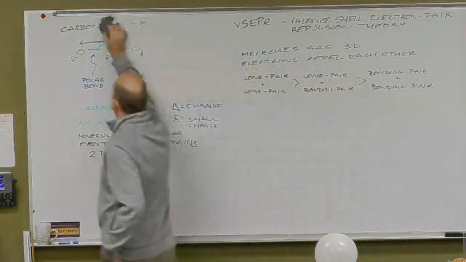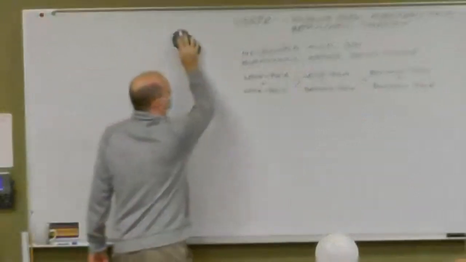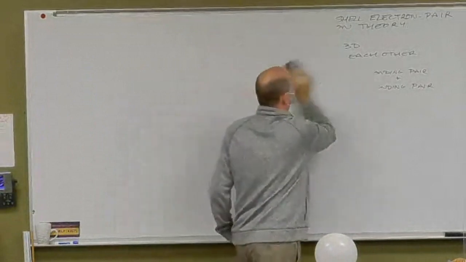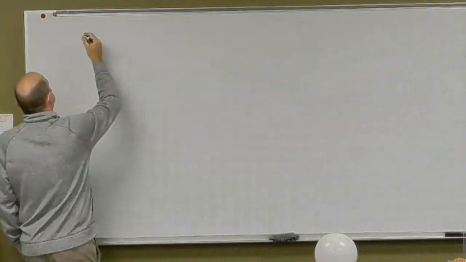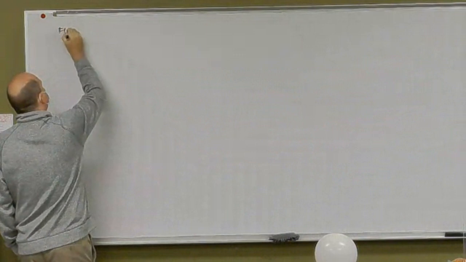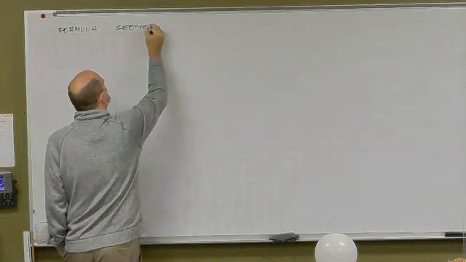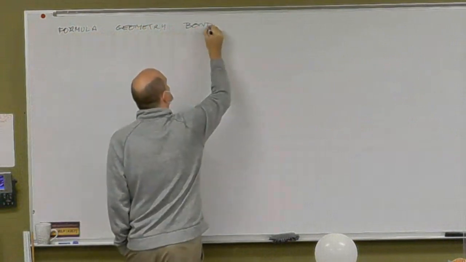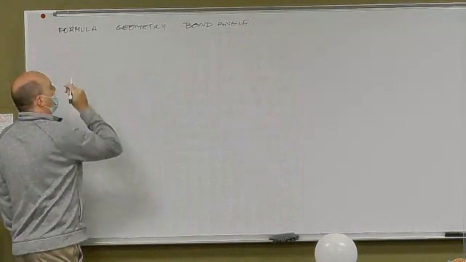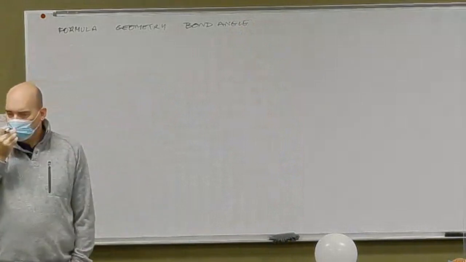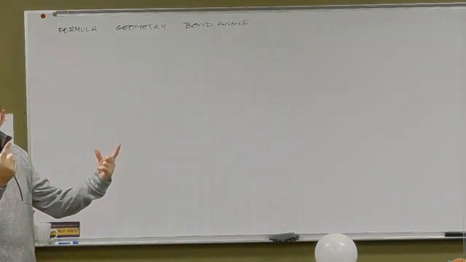Let's put some rules up on the board. If I have a diatomic molecule, that's linear, because I've got an atom here and an atom there.